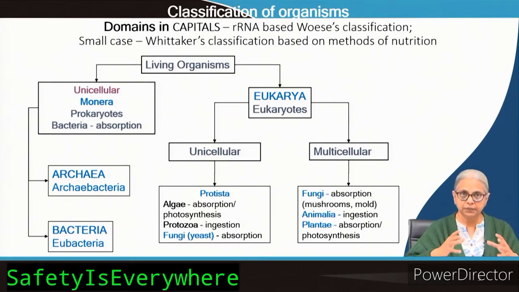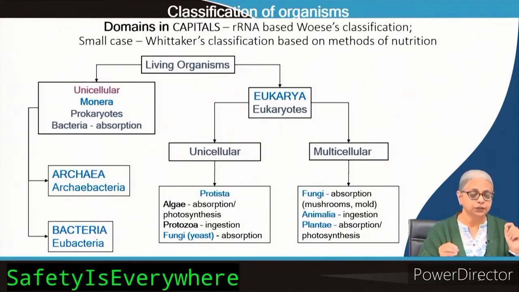They have nuclear material, but they do not have a nucleus. So they do not have a nuclear membrane. The DNA is a free floating strand in the cytoplasm of the cell, and that defines your prokaryotes. Eukaryotes, on the other hand, have a well-defined nucleus. So that is the defining characteristic that separates all prokaryotes from eukaryotes.